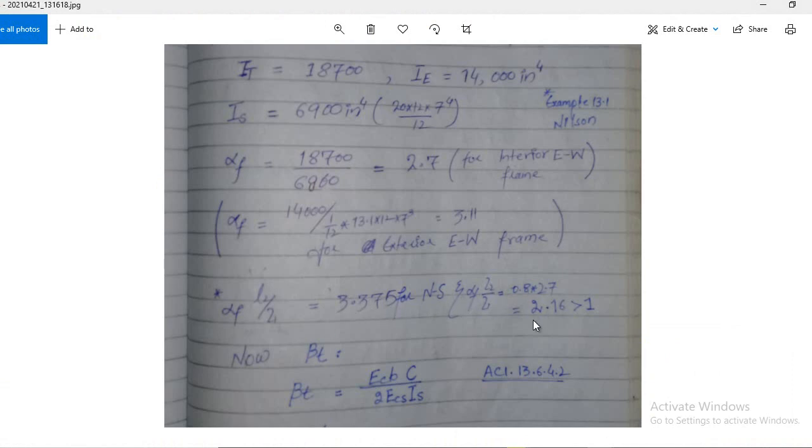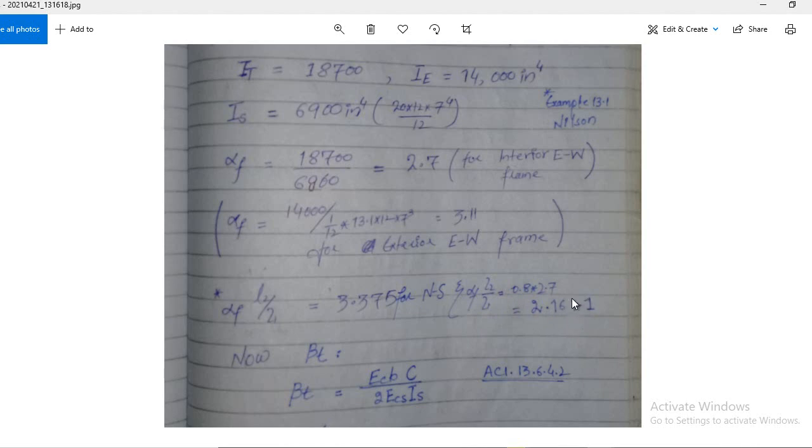But in our case, we will use 0.8 times 2.7. L2 by L1 is 0.8 and alpha F is 2.7, so the product is 2.16. Remember, it is more than 1.